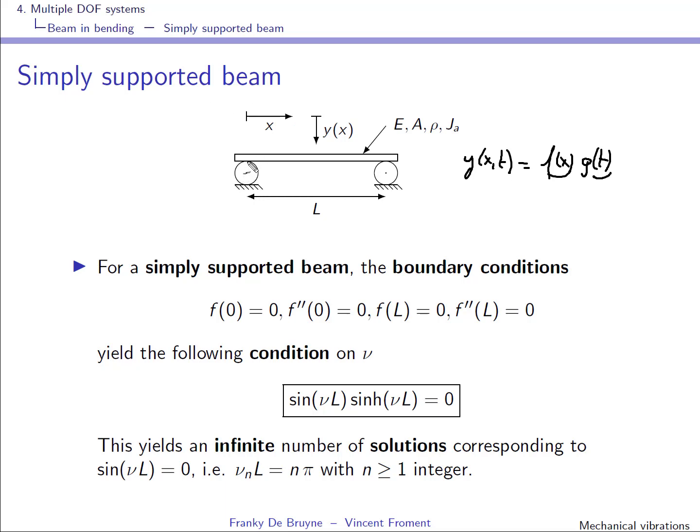So it's supported on this point over here and in this point over here, and I suppose that the distance between these 2 points is L, and that my beam is characterized by the following parameters that I've introduced before. For this simply supported beam, since we have 4 constants in my function f of x, we need boundary conditions, and we need 4 boundary conditions.